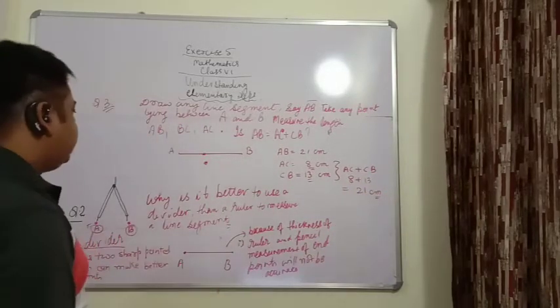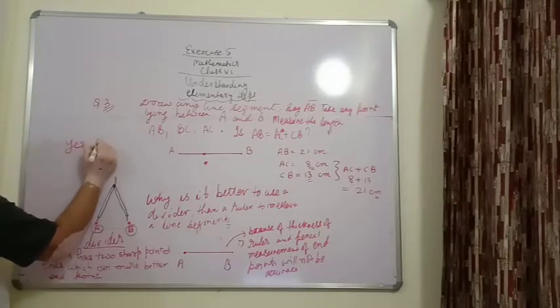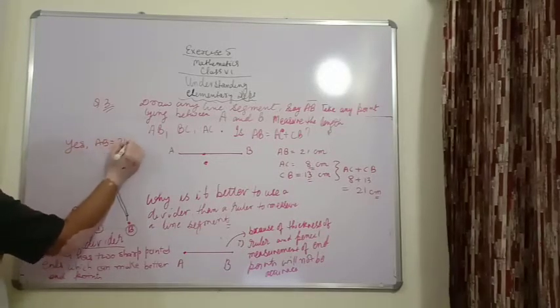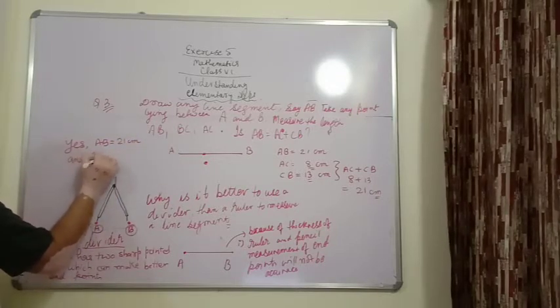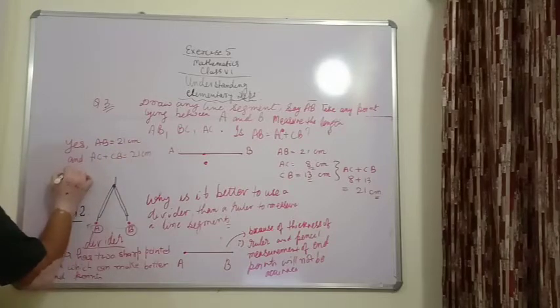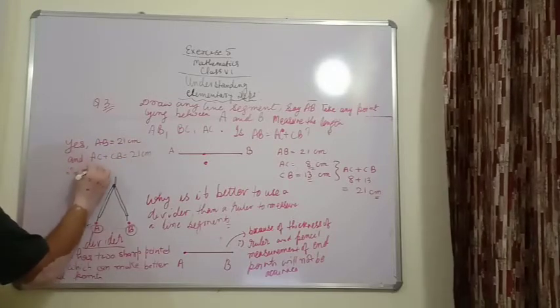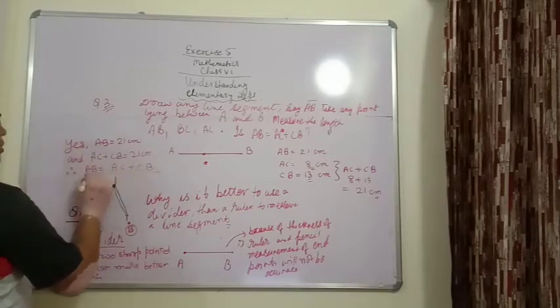So we will write yes, AB is equal to 21 centimeter and AC plus CB is equal to 21 centimeter. Therefore, AB is equal to AC plus CB. This will be your answer.